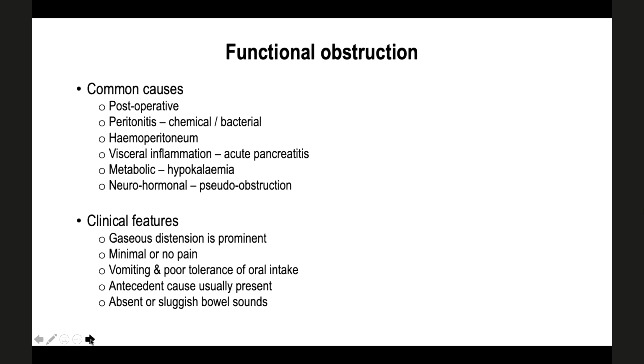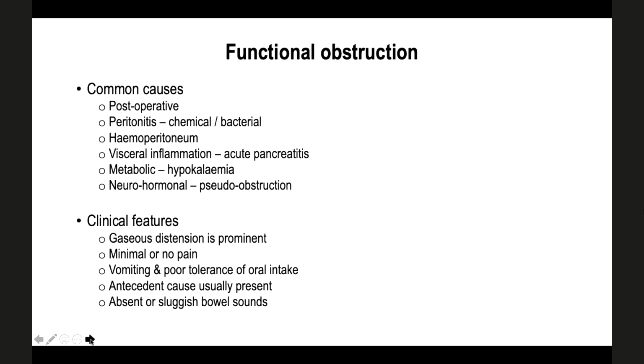So let's have a little look at what this functional obstruction is. One of the commonest causes of functional obstruction, and this is something you may have seen in your wards, is patients after abdominal surgery, after a laparotomy. They can have post-operative what is called ileus. You must have heard this term, paralytic ileus. Basically, the bowel goes on strike.